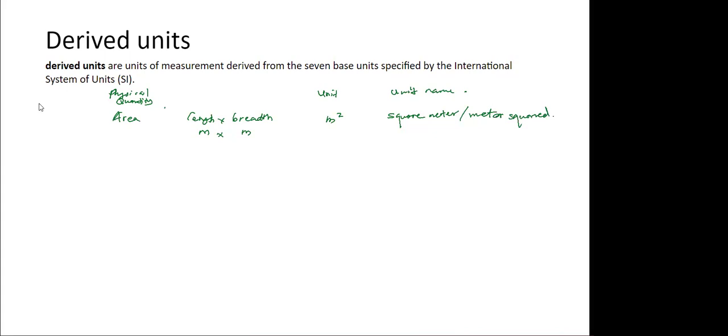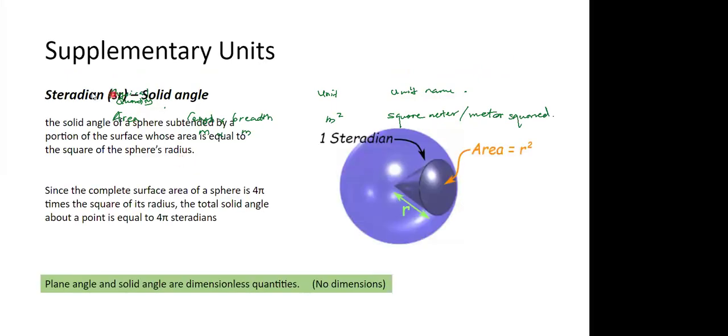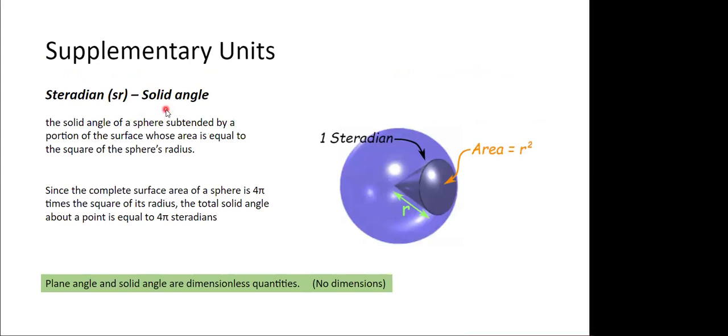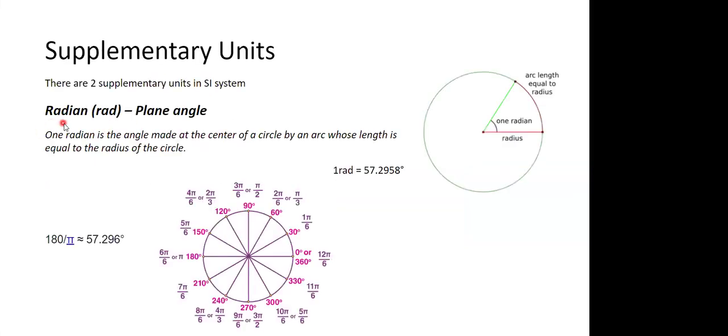Do the supplementary units have units? Yes, obviously, right? The units are radian and steradian. Plane angle is measured in radian.